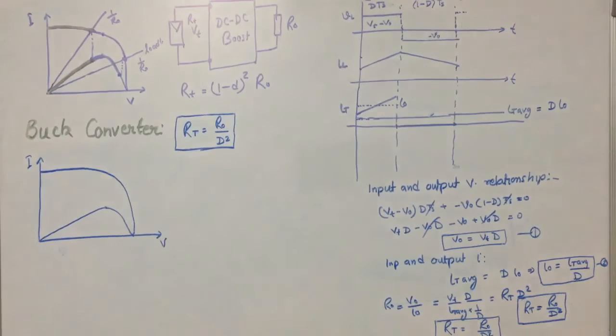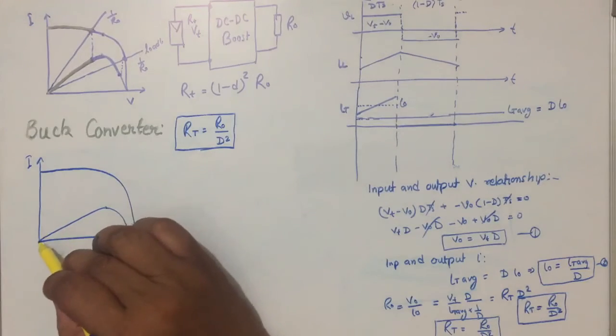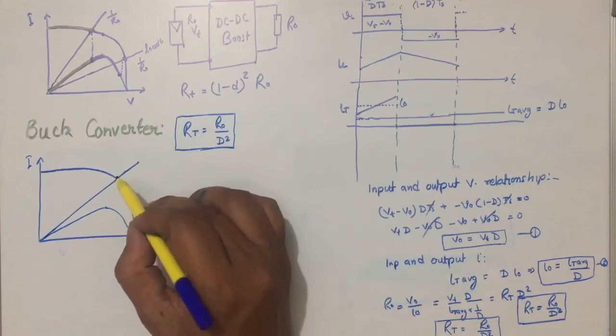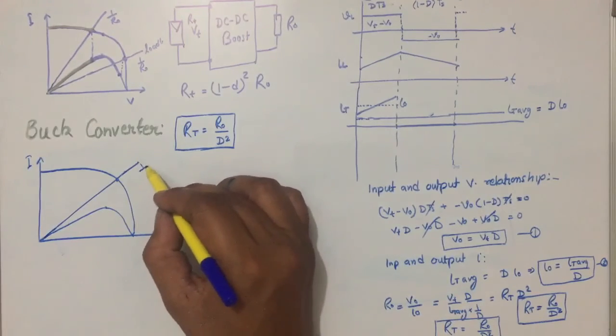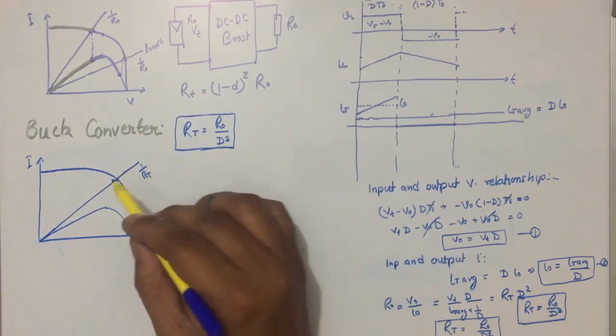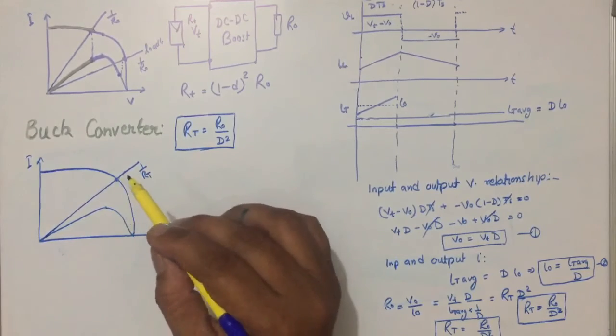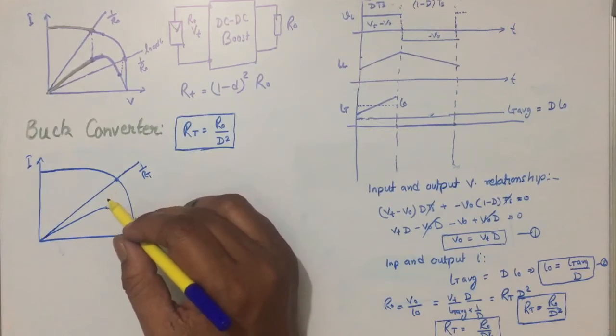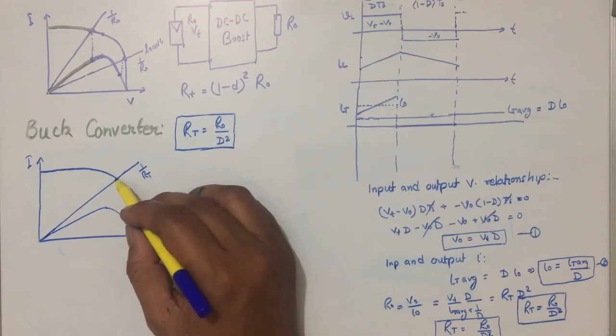That is our target to find. Now if this is the load line and this is the operating point, 1 by RT, this is the operating point, and at this time this is the point of operation.